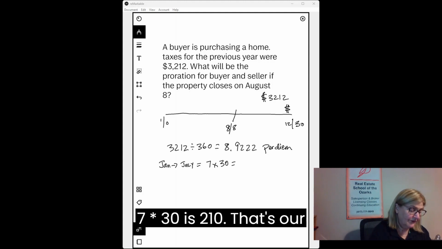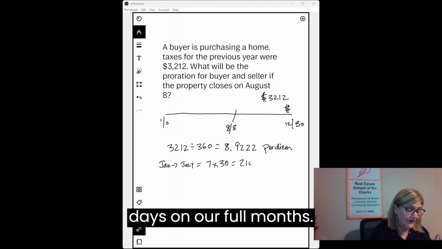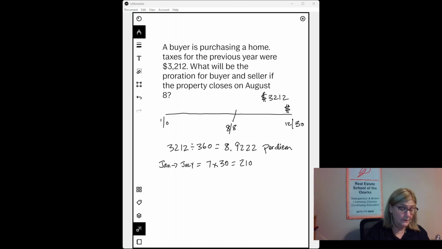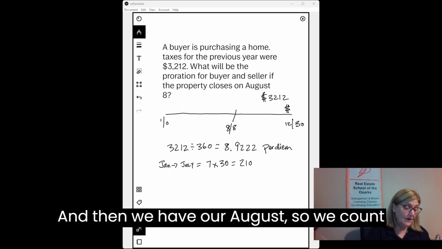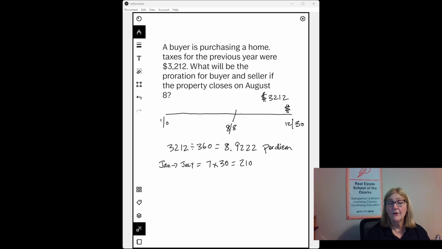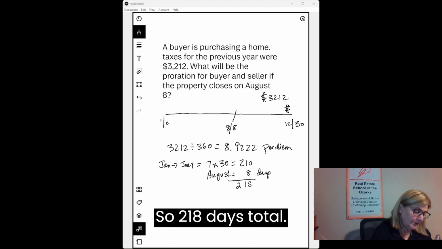So 7 times 30 is 210. That's our days on our full months. And then we have our August. So we count August 1st through the 8th. So that's going to be 8 days. So 218 days total.